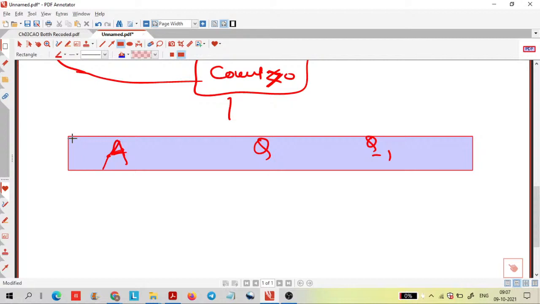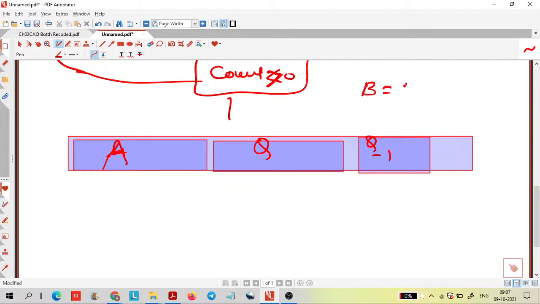Initially, suppose 4 into 5, 4 is the multiplicand. In the B register we put 4, and in Q we put 5. 5 means 101. If negative, you have to take the 2's complement. Initially A is 0, and B is 4 bit, so A is also 4 bit. So that is about the initialization.